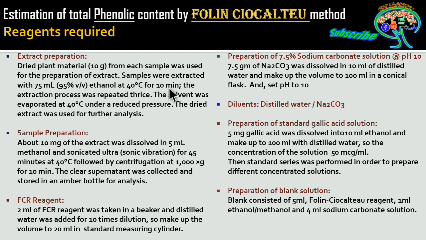So here at 40 degrees centigrade we are going to extract by applying a procedure. Further, the extraction process was repeated thrice. The solvent was evaporated at 40 degrees centigrade under reduced pressure. The dried extract was used for further analysis.